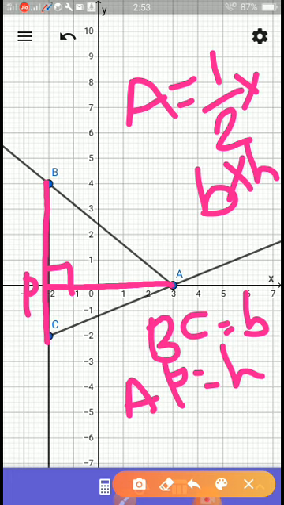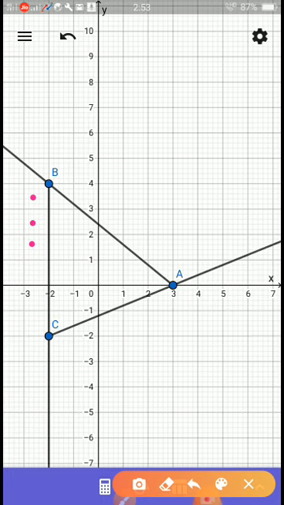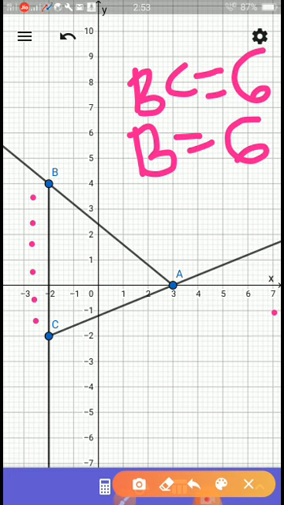So BC, just calculate between point B and C how many squares you have. So let's do it. 1, 2, 3, 4, 5, 6. Okay, that means my BC is 6 units, or I can say that my base b is 6 units.